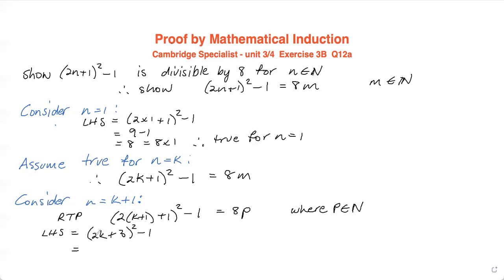Now I'm going to expand that again, keeping in mind our perfect square expansion: (a+b)² is equal to a² plus 2ab plus b². So that's going to give me 4k² plus 12k plus 9, and then I've got my minus 1 there.